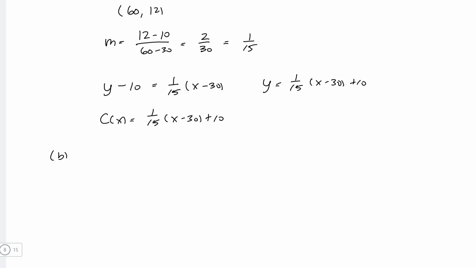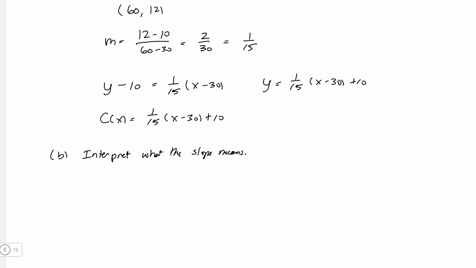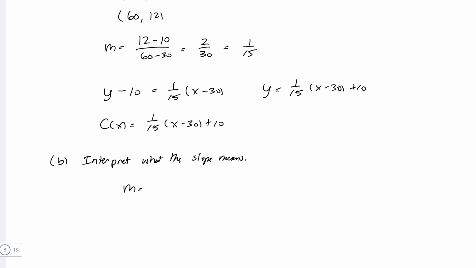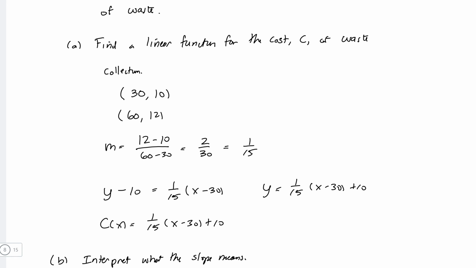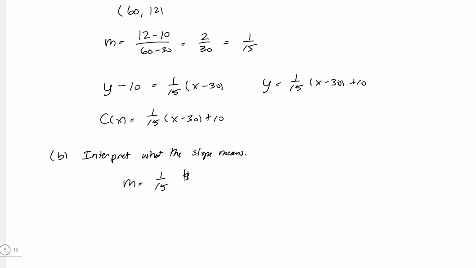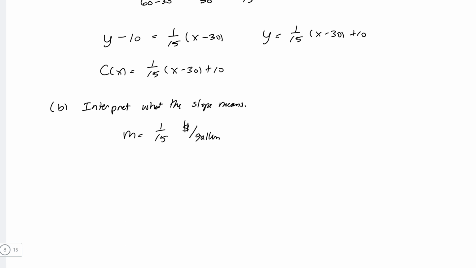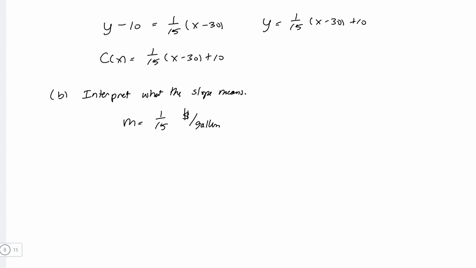Okay, so now let's interpret what the slope means. There's a couple of ways to phrase this. The main thing is our slope here is 1 over 15, and our units are dollars per gallon, because the top part, the 12 and the 10, we're measuring dollars, and the 60 and the 30, we're measuring gallons. We can interpret this a couple of ways.